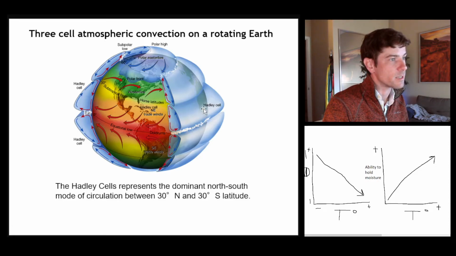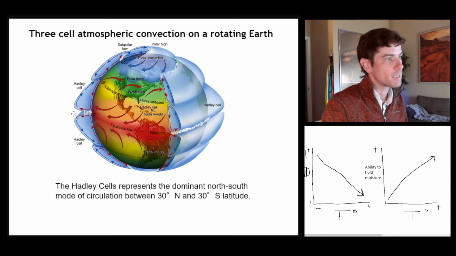In here you see these sort of donut-shaped convection cells. These are the Hadley cells here and here. And air is being brought from 30 degrees toward the equator from both directions. It converges, it rises, clouds form, right? This band of clouds. It cools and it returns to the Earth's surface around 30 north and 30 south. Okay.